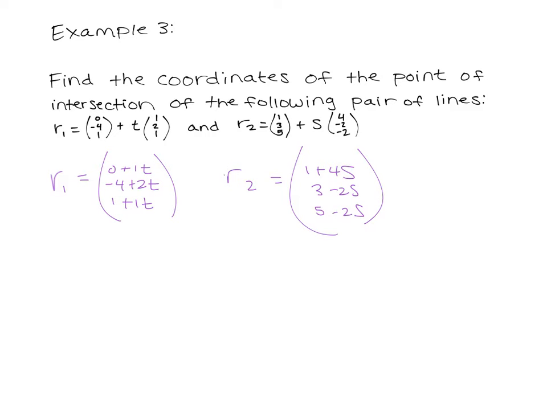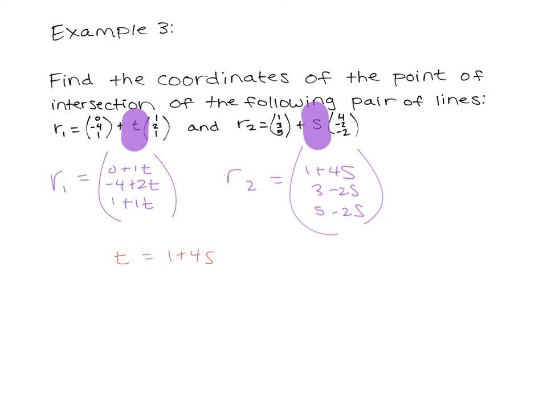This allows us to look at the components individually, the x component, the y component, the z component. Now, if you have two different lines, you're typically going to be using two different scalars or two different variables, which is what we see right here. This one's t, this one's s. So we are going to set up our system of equations by taking the x component of our first line, which is 0 plus 1t, or just t, and setting it equal to the x component of our second line, which is 1 plus 4s.